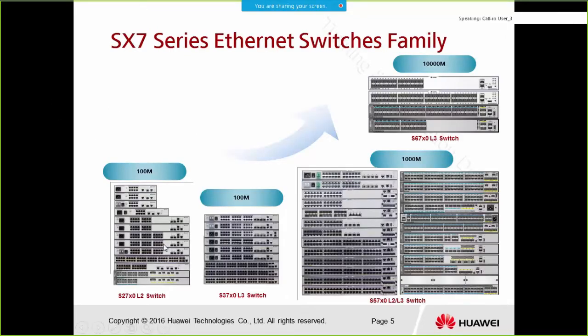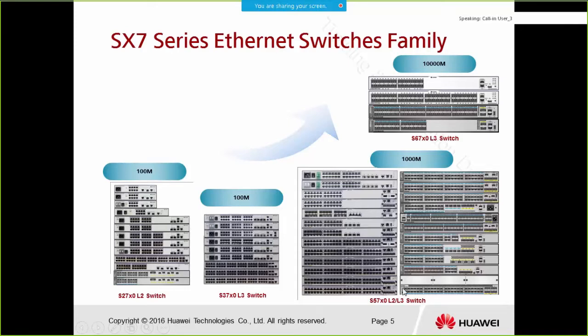These are the box switches from S27 to S67. The difference is we can see the performance from S27 to 67 becomes higher and higher. So S27 and 37, they are 100 megabits access. It means all the downlink ports are 100 megabits.